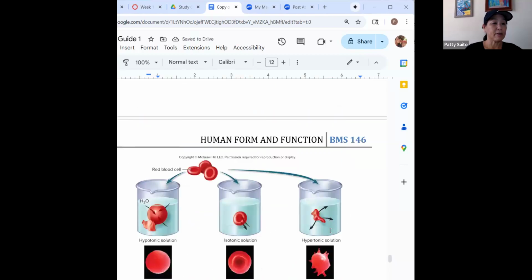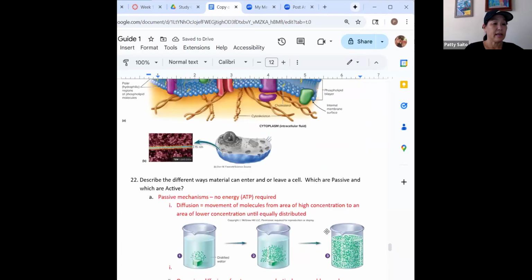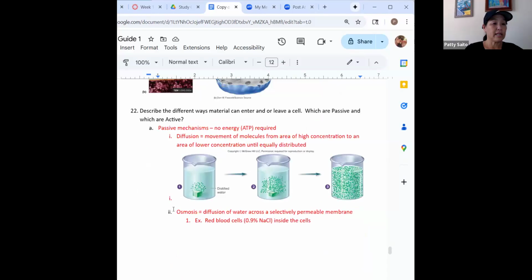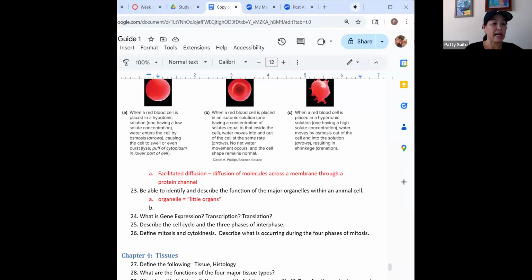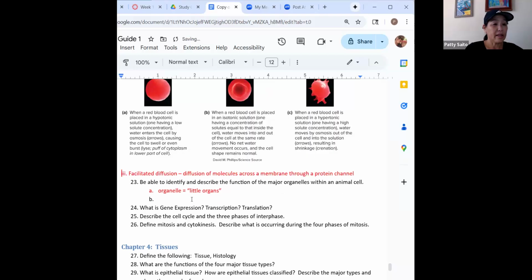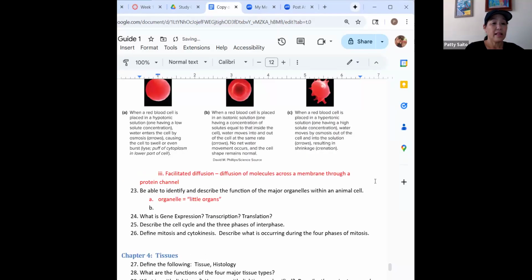This is the third type of passive transport, facilitated.